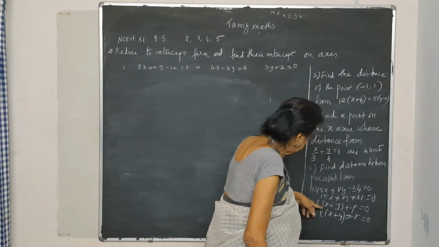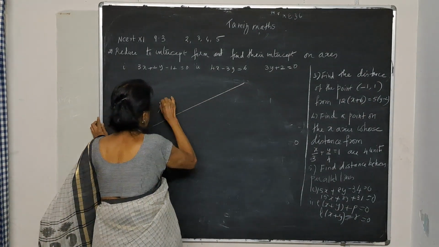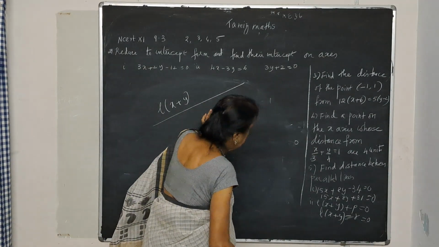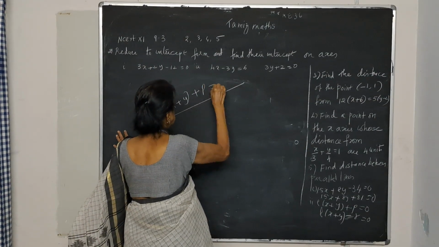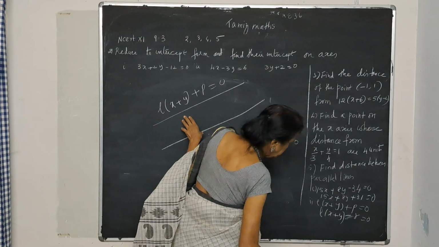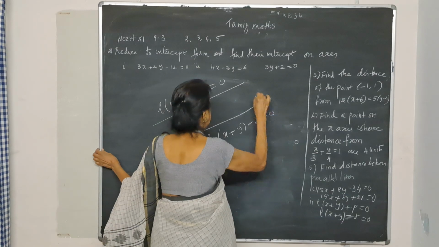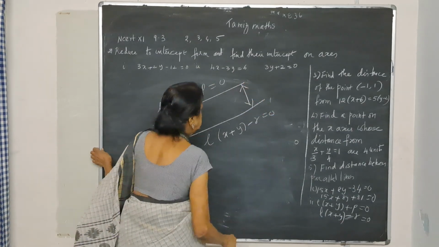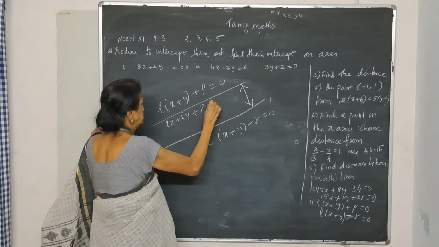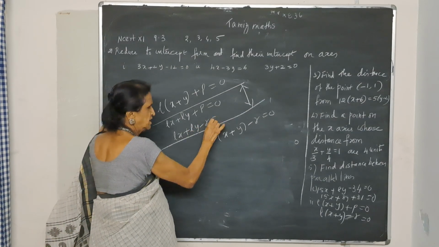Okay. Next we go for the perpendicular distance between two parallel lines. The last question, which will take just a minute for you. Lx plus y plus p equal to 0. This is Lx plus y minus r equal to 0. We want this distance. So this is now Lx plus Ly plus p equal to 0, and Lx plus Ly minus r equal to 0.